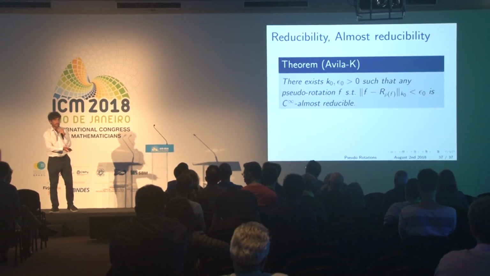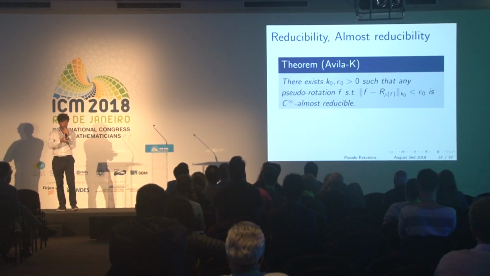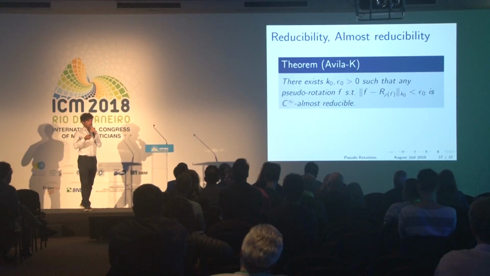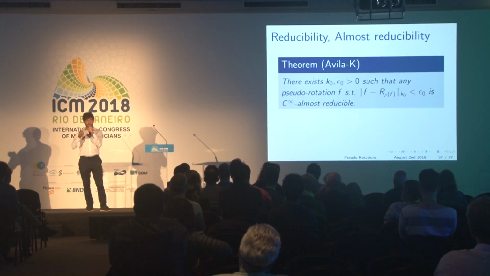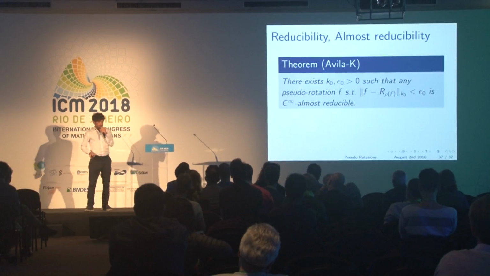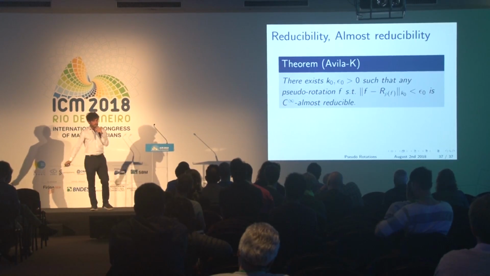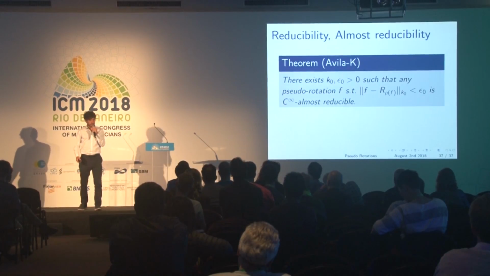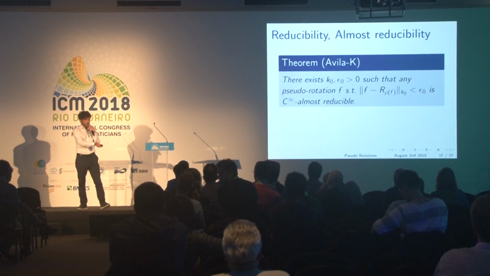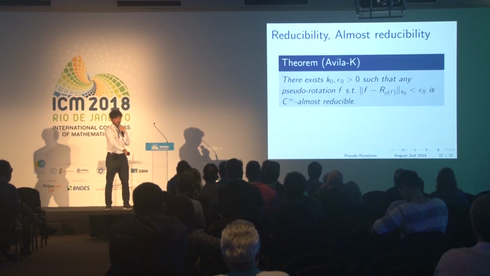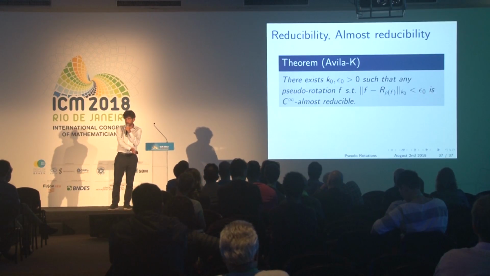This is similar to the result by, say, Eliasson, a semi-global conjugacy reducibility result on quasi-periodic cocycles. They managed to prove it when you are sufficiently close, but why do we call it semi-global? Because this epsilon 0 does not depend on rho.